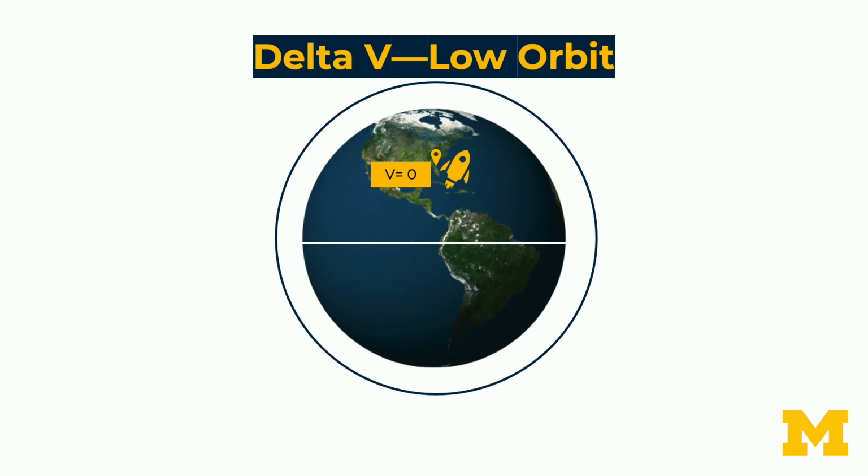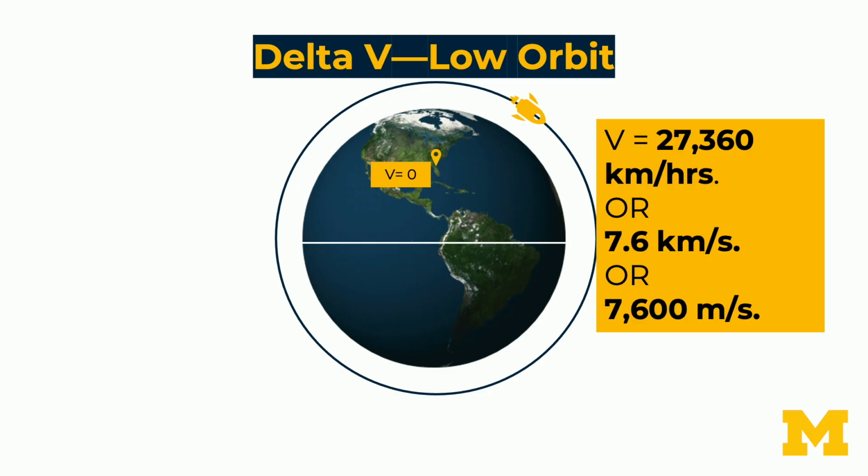It's not moving at all. When it's in orbit, it's actually moving with a speed of about 27,360 kilometers per hour, which in metric units is 7,600 meters per second. It's moving very, very fast. This is for low Earth orbit, and it's roughly 7,600 meters per second.